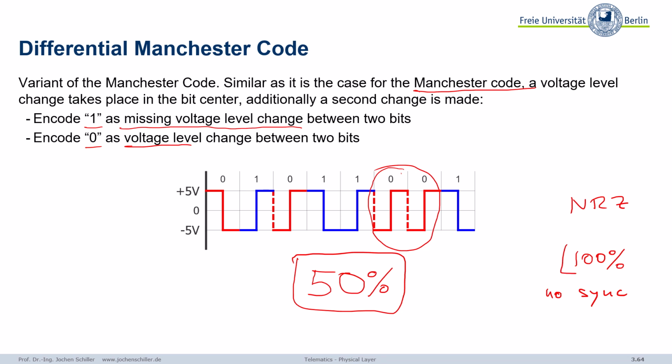That's a problem. 100% is great, but no sync. So we need synchronization. Here we have sync, but only 50%. Return to 0 also provides synchronization, but only 50%. So that's a problem. We need something in between. We have to spend some capacity for synchronization, but maybe not 50%.